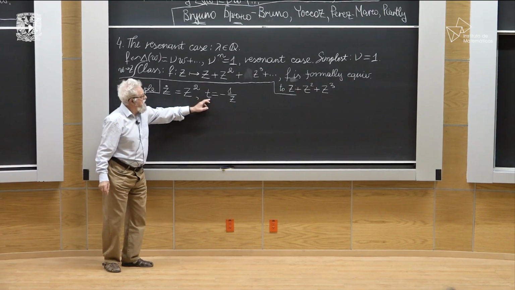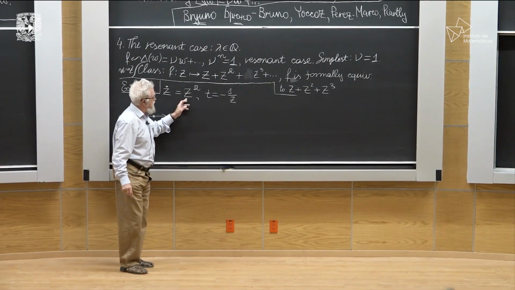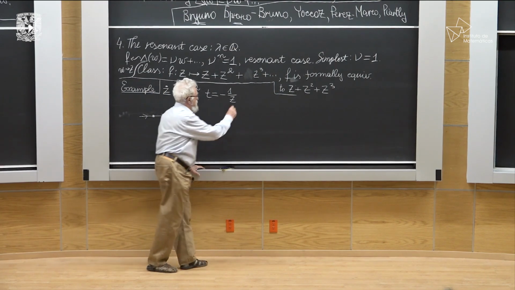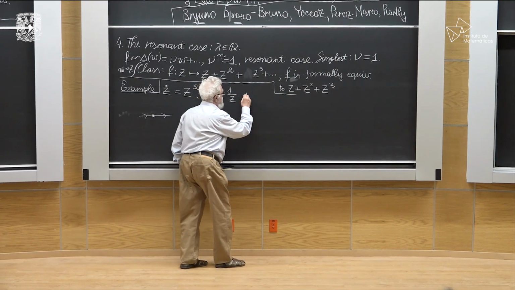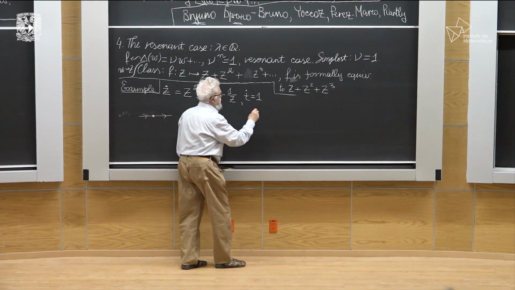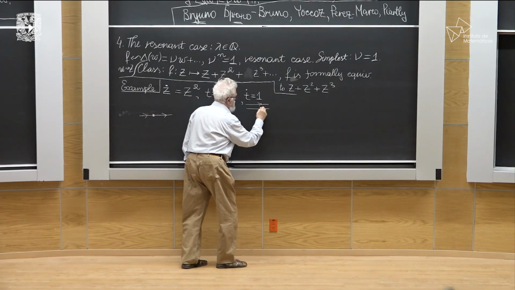This map brings the differential equation like this. Everybody may easily check it. t dot equals 1.